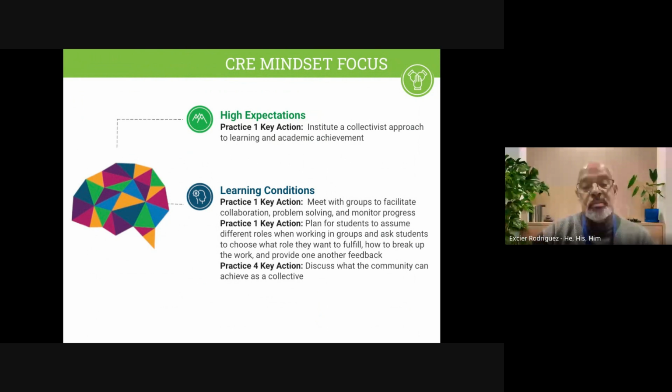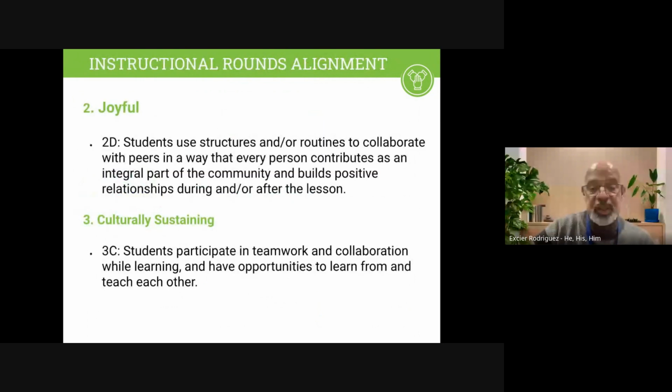Also planning for the students to assume different roles when working in groups. And finally, discussing what the community can achieve as a collective. We're going to explore some tools here in Google Earth that can really produce some conversations that are at community level and even country level.